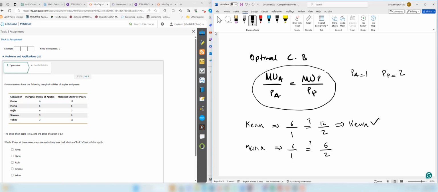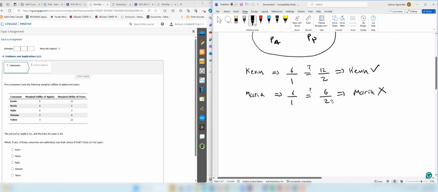It's not equal. Therefore, Maria is not maximizing utility. Next is Rajiv: is 6 divided by 1 equal to 3 divided by 2? They are not equal, so Rajiv is not maximizing utility.